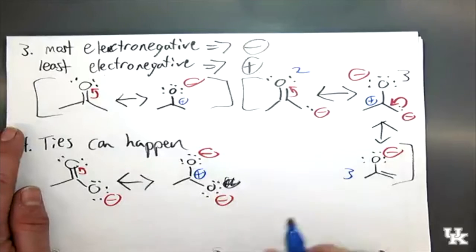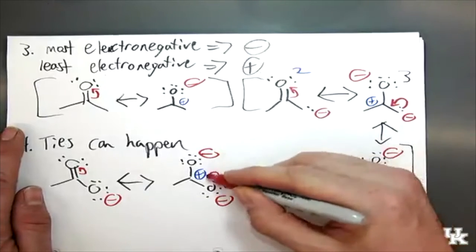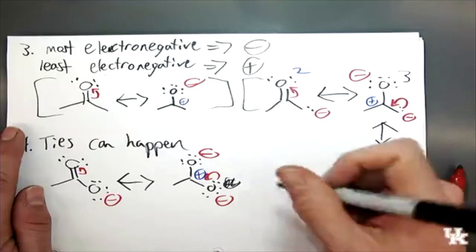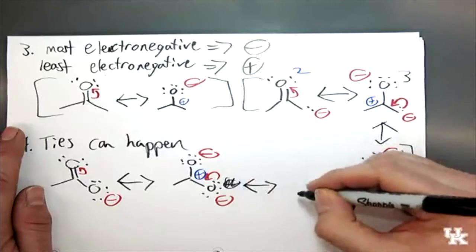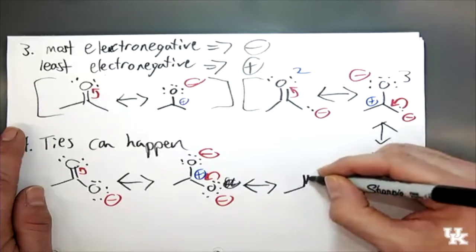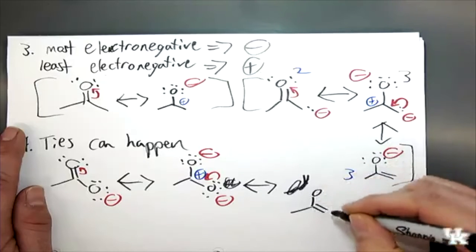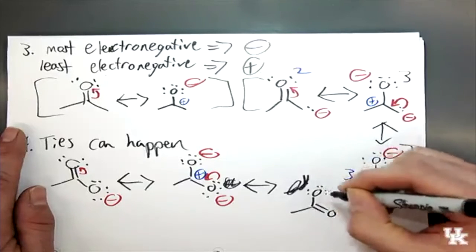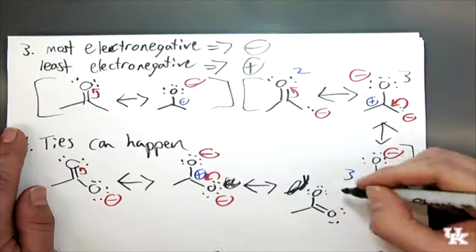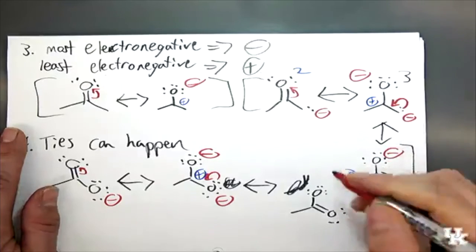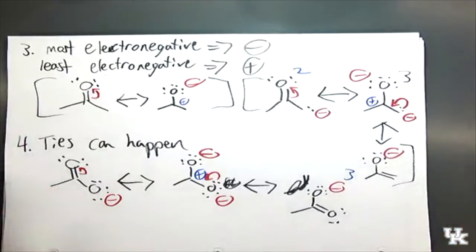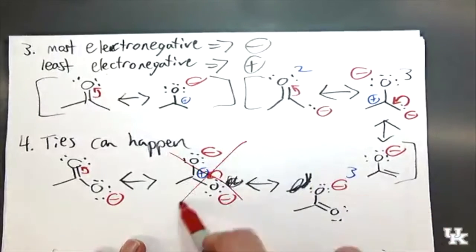Or you move electrons from the other lone pair down and make a structure that looks like this. Okay, so again, looking at our rules, one of them is much worse because it has more charges, so we'll just go ahead and get rid of that one, right?